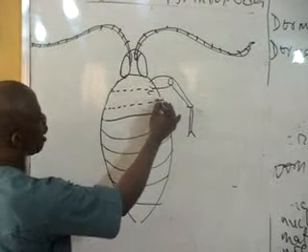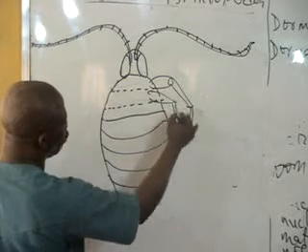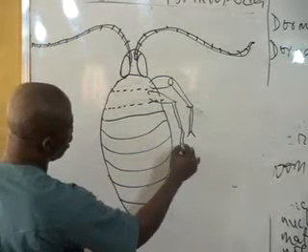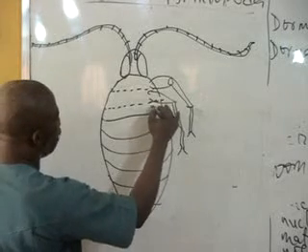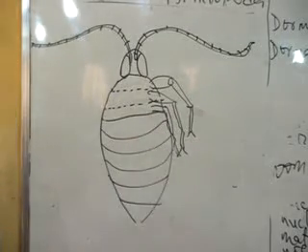A pair of working legs joined like that and like that, and we have another pair of legs here that is joined down in the same figure.